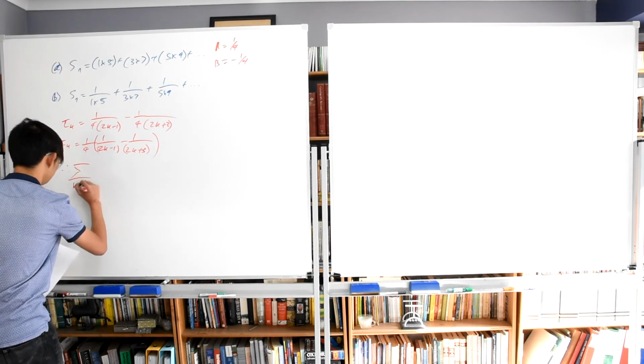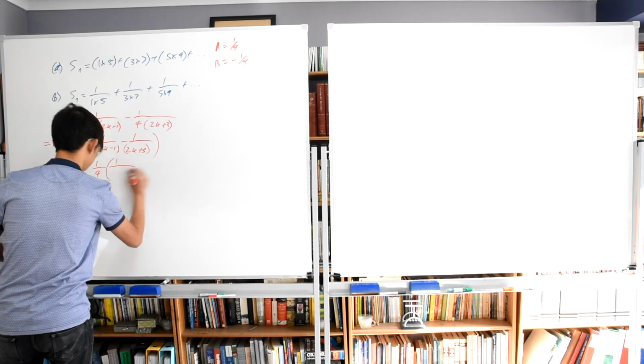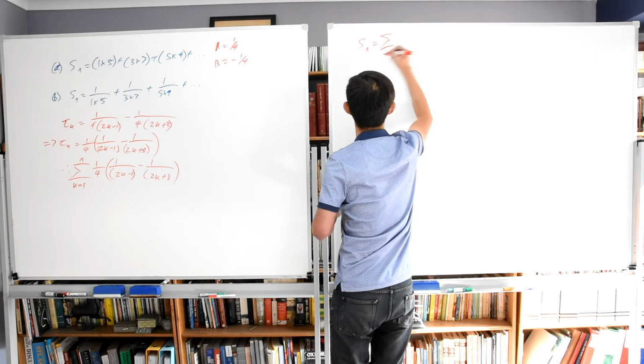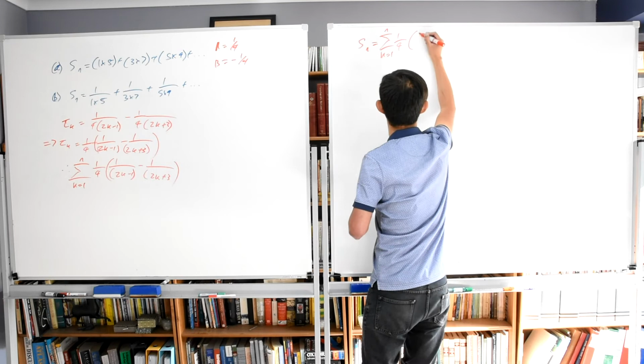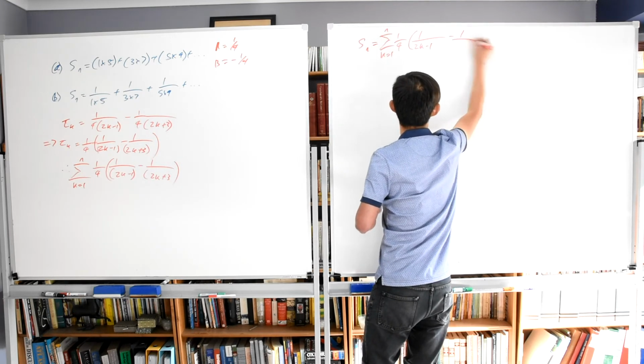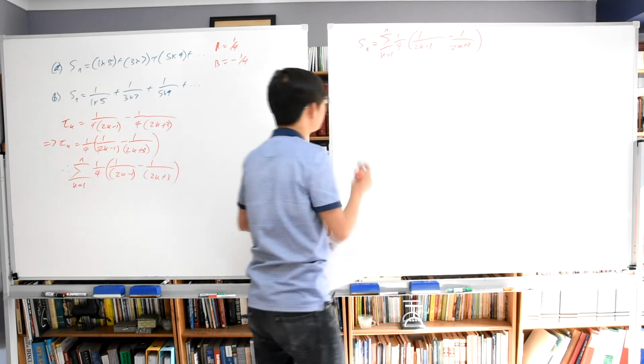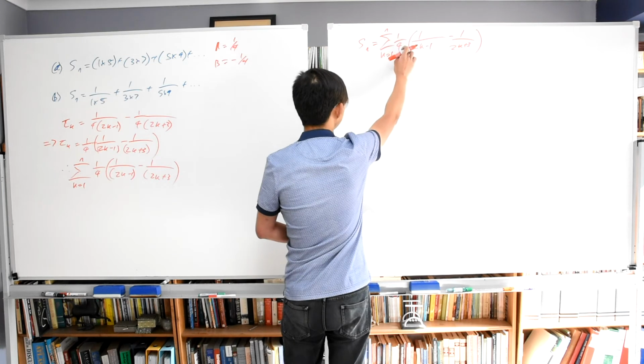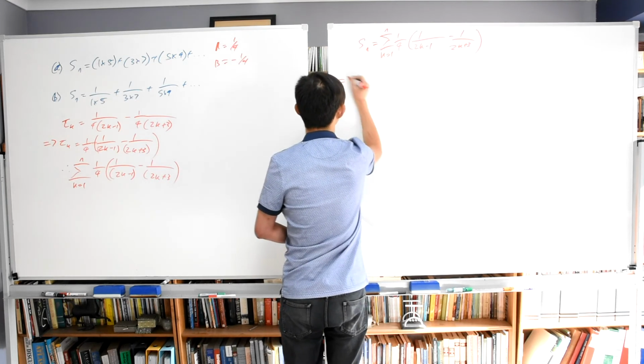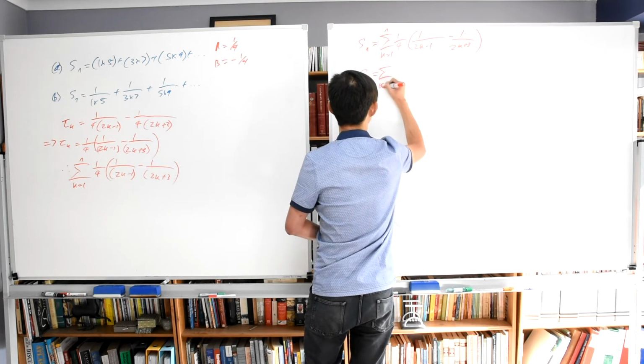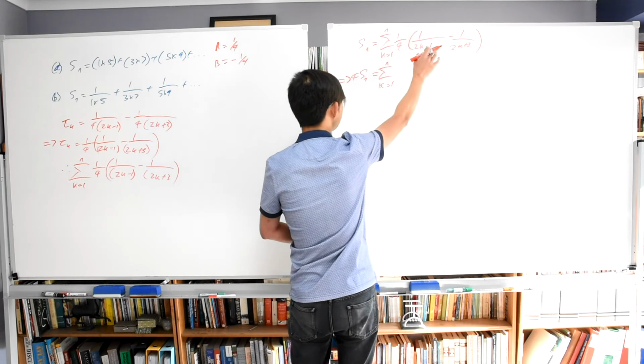But because we know that our sum is going to be the summation of all the T_k's, factoring out the constant and bringing the 1/4 to the left hand side. While we're at it, we might as well distribute the summation operator into these two terms.